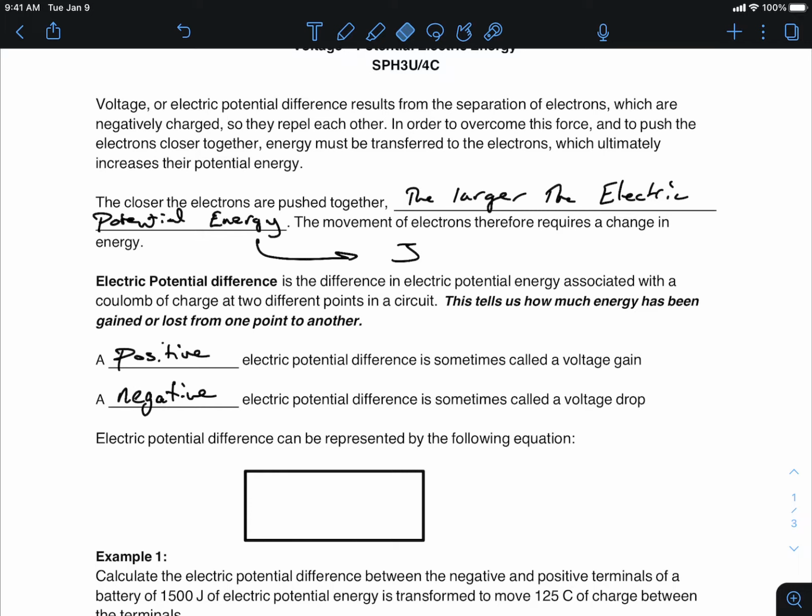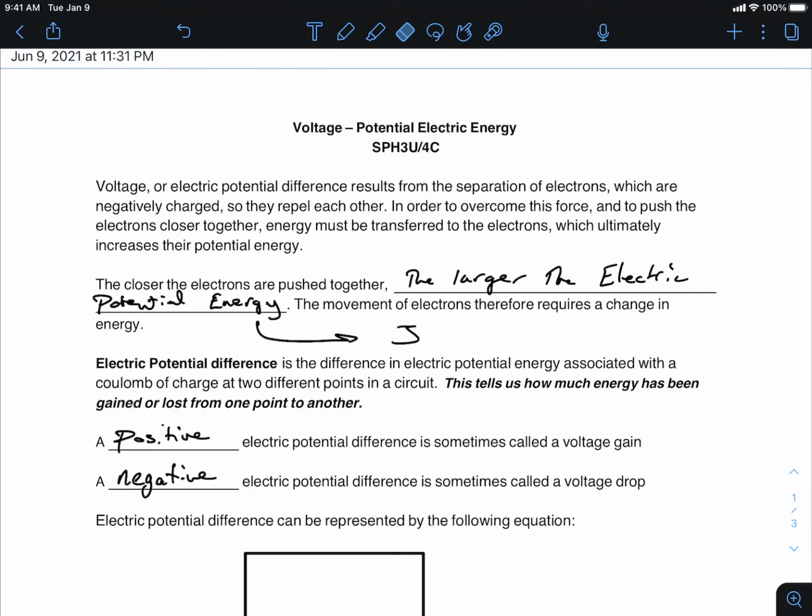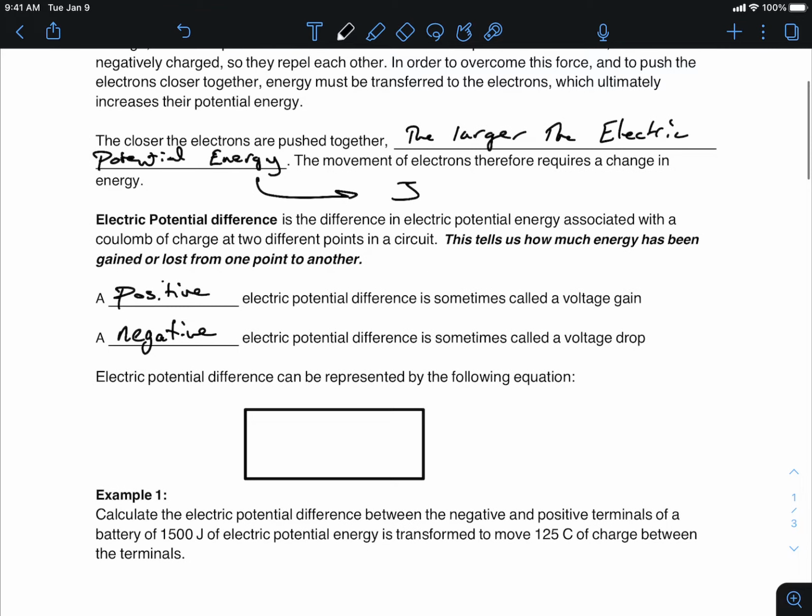You're asking why the letter V? Well, voltage. So we're going to use voltage, or a capital V. But to make sure it's completely separate from velocity, I put little bars on top of the V. You don't have to, but that's just something I've seen in the past.